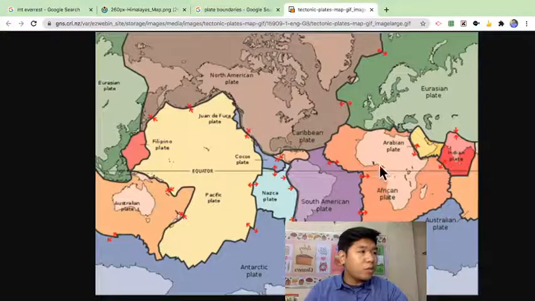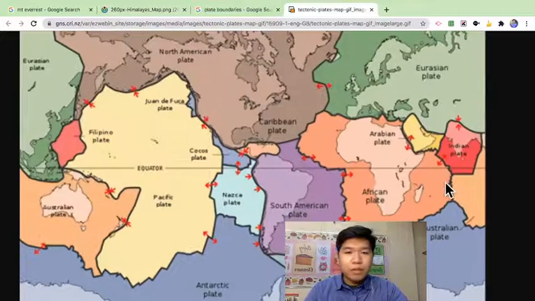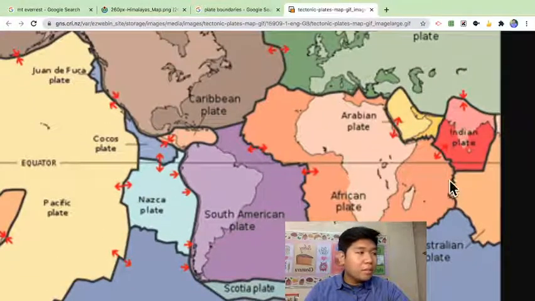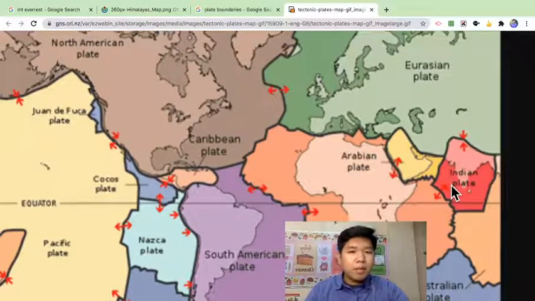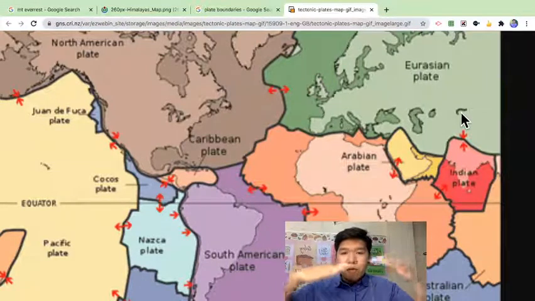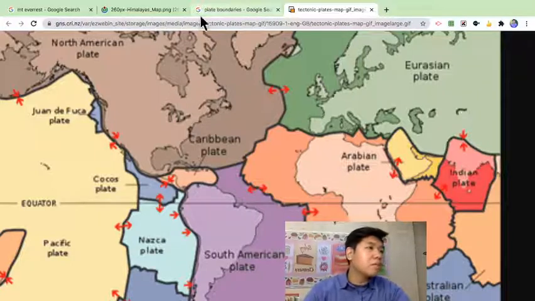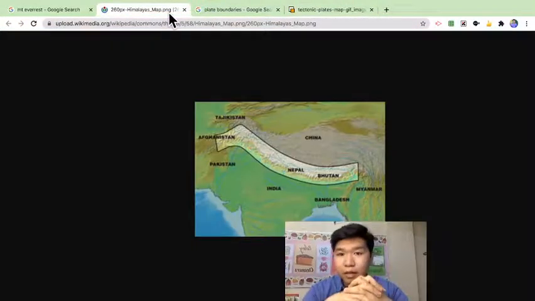And this here explains why the Himalayas were formed. Because millions and millions of years ago, the Indian plate converged with the Eurasian plate. And since the boundaries between the two plates are continental crusts, they are going to form mountain ranges. So the Indian plate converges with the Eurasian plate. It formed the Himalayas over here.